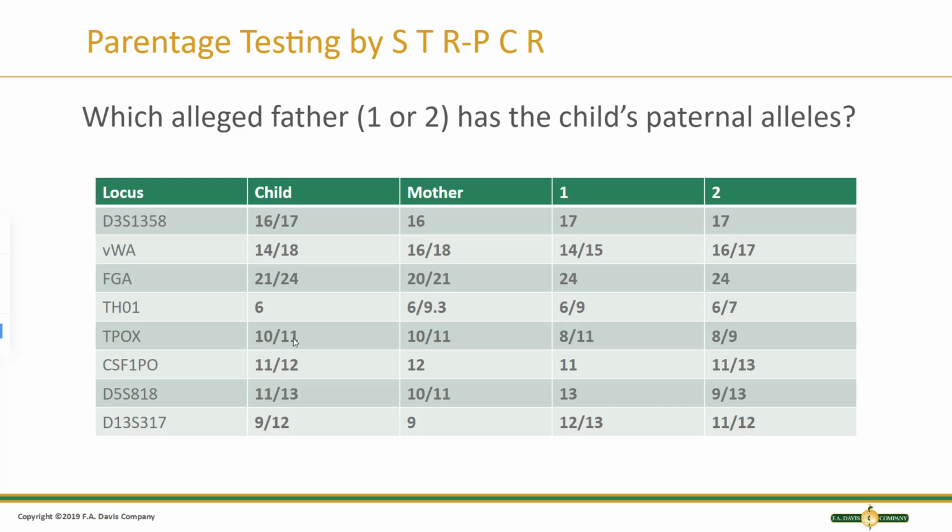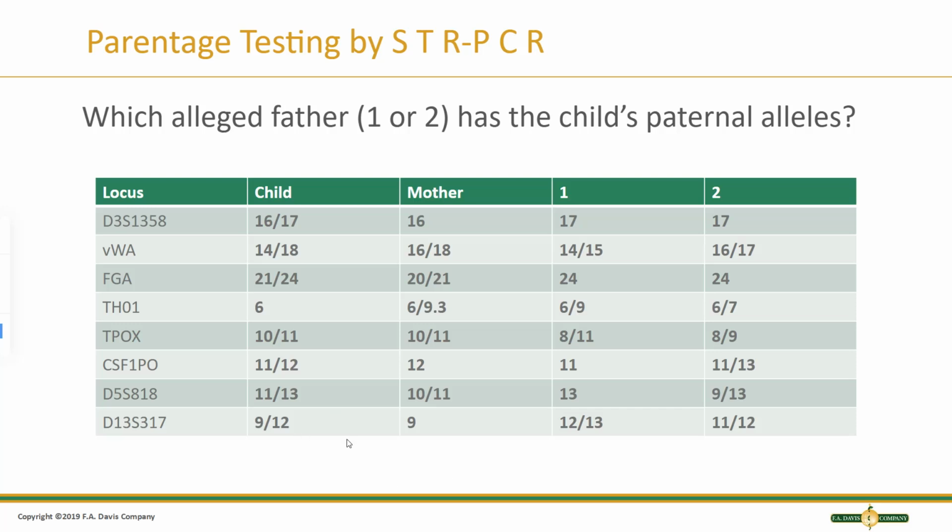Here we have 10, 11. We've got the potential for either the 10 or the 11 to be coming from mom. But here we have an 11 coming from the dad, and there's no 10 or 11 on the other one. So again, more evidence that number 1 is the father. And then we go through here. 11, 12, well, 12 came from the mom, so the 11 could have come from either dad. 11, 13, the 11 came from the mom, so the 13 could have come from either of the dads.